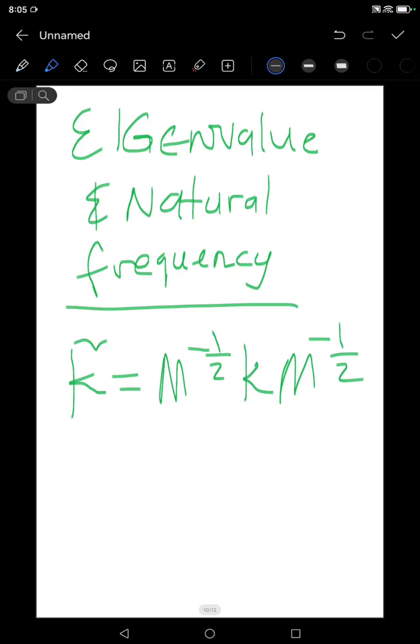We call this K with the prime on top the normalized stiffness.